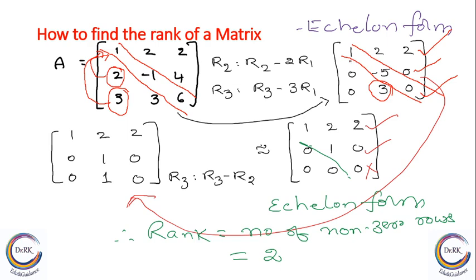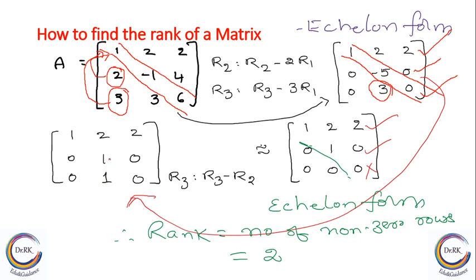As discussed, it is not with R1, we go with R2. To make it very simple, we divided the second row by minus 5 and the third row by 3, so then it becomes 1 and 1.